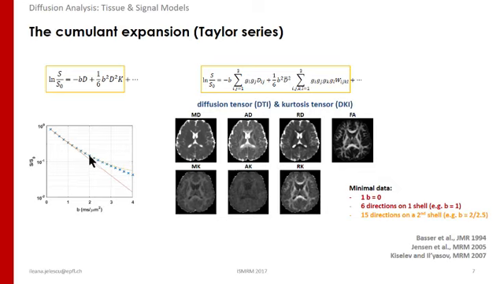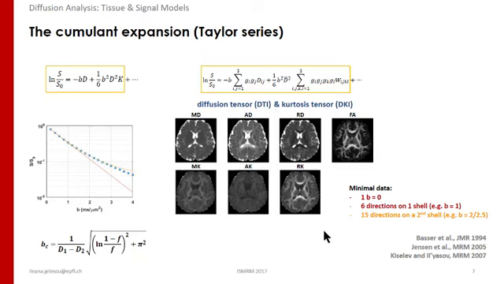And here you're also starting to estimate how your signal is deviating from Gaussian medium behavior. So this is also where you're gaining information about your tissue heterogeneity. In order to extract this information, you need another 15 directions on a second shell, typically around b2000 or 2500. And then you can reconstruct typical maps like mean, axial, and radial kurtosis.